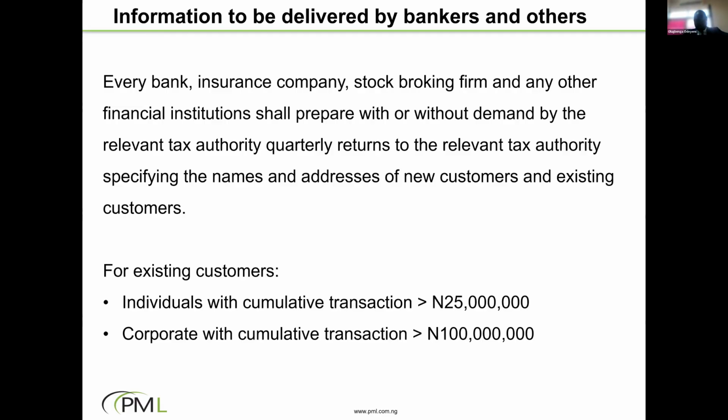So if you are a taxable person and in the course of a quarter you have a cumulative inflow of, let's say, 35 million into your account, the stockbroker, insurance company or any other financial institution, maybe Ecofinance House or something, has to report this quarterly to the tax authority.